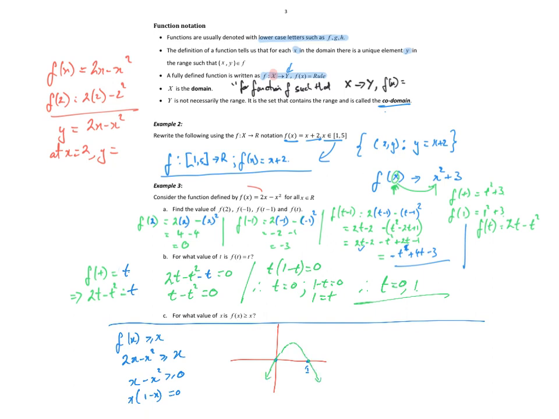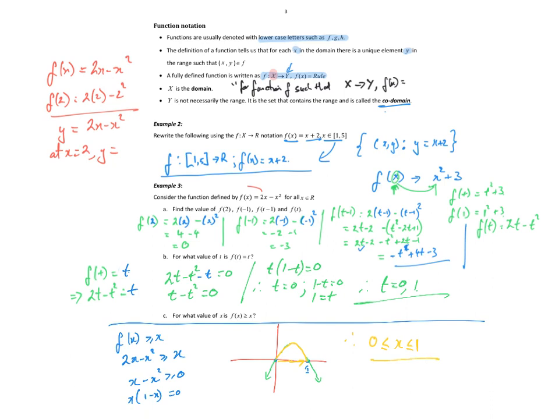So I'm interested in where this is greater than or equal to 0. So if I just highlight the section I'm interested in, between 0 and 1. Therefore, 0 is less than or equal to, because it was a less than or equal to sign, less than or equal to x, which is less than or equal to 1.